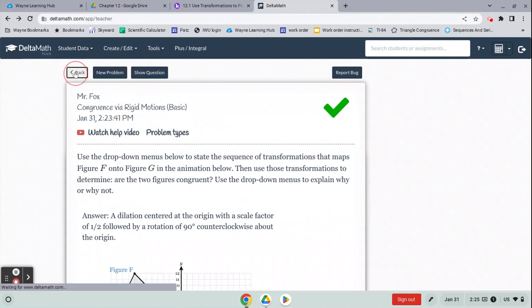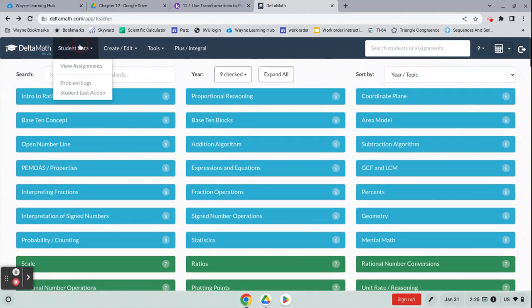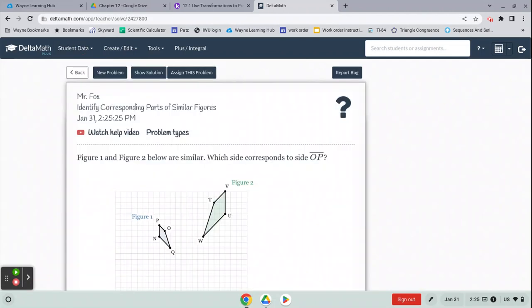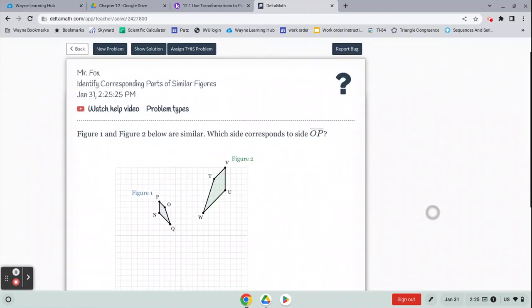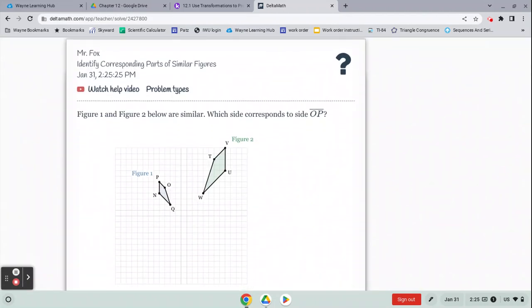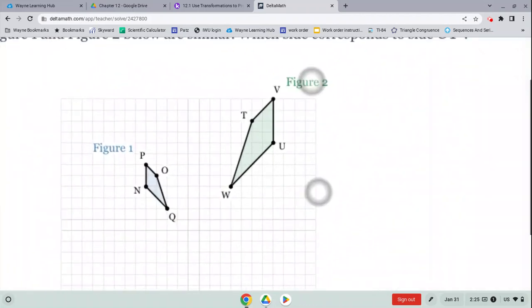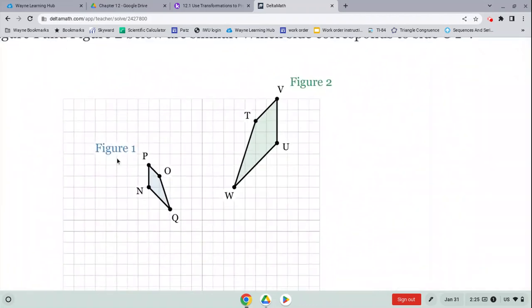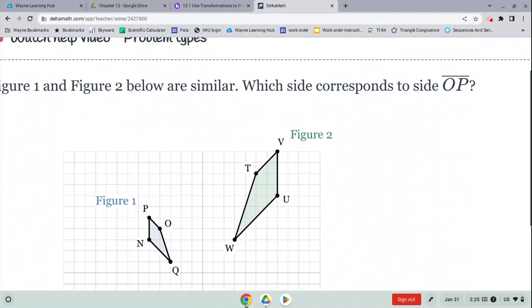Now, the second type of question. Let me pull this up quick. All right, they are telling us these are two similar figures. Just like what we were looking at in our paper, they've already been proven similar, so we don't need to figure out if they're similar. And it asks which side corresponds to side OP.